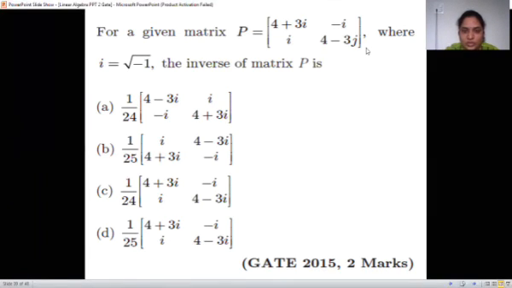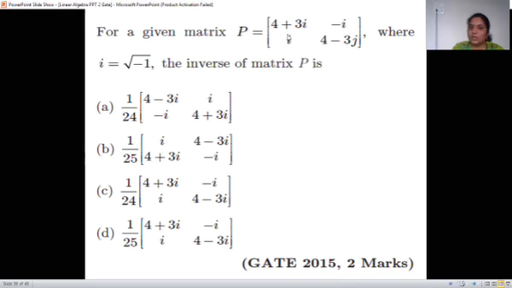So in the cofactor matrix, we get 4 minus 3i. Next, second element P12: we hide the first row and second column and we get i. But as this is the 1, 2 element, minus 1 raised to 1 plus 2 is minus 1 cube, that is minus. So the second element is minus i.